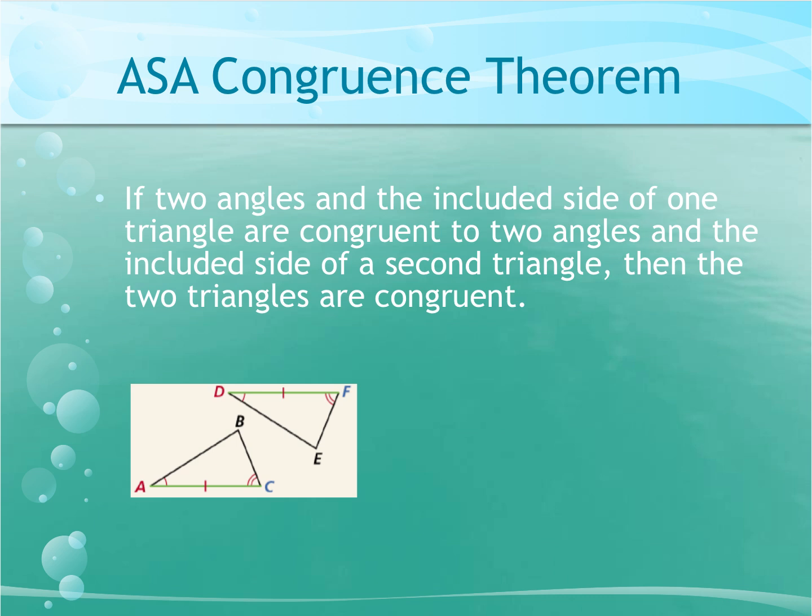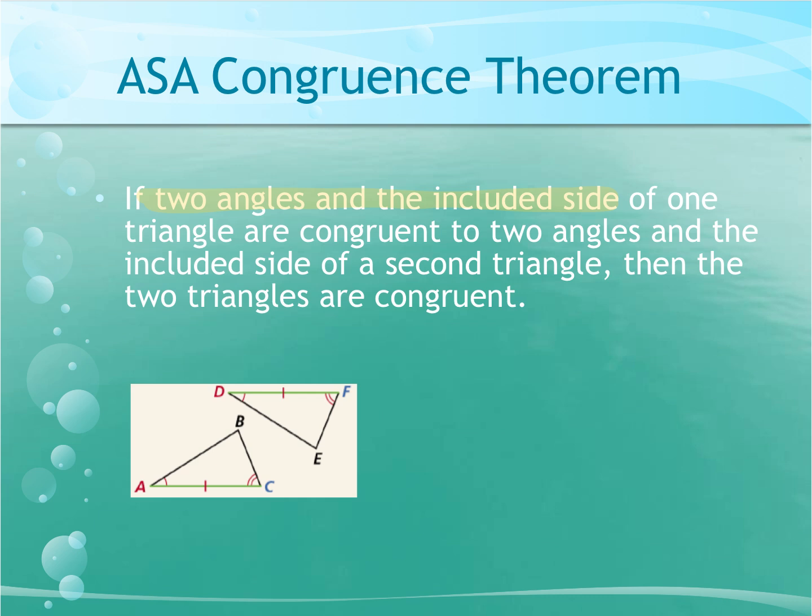So angle side angle is when you have two angles and the included side. Two angles and the included side of one triangle are congruent to two angles and the included side of the second triangle, then they are congruent. This is when you have angle, side, angle, where your side is the included side.